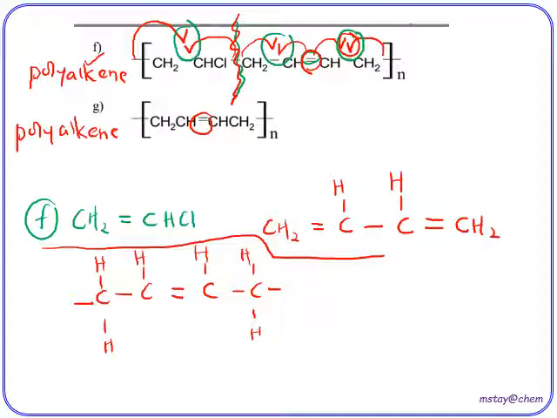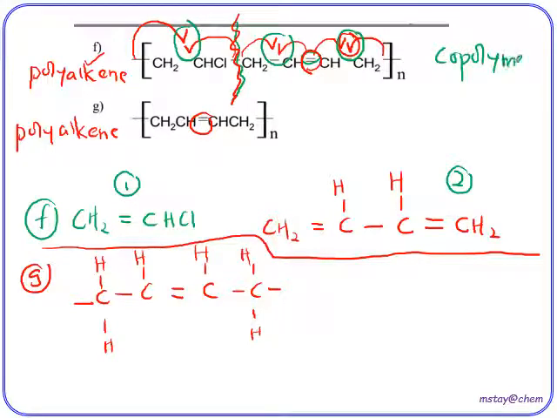Okay, oh yes, before we continue with G, from here we know that the polyalkene of F is made up from monomer 1 and monomer 2. So this is a copolymer.